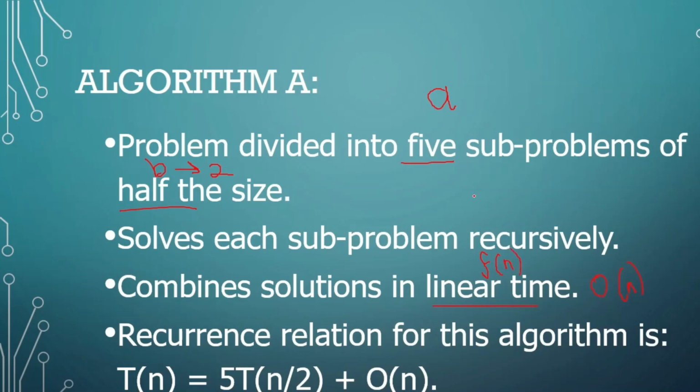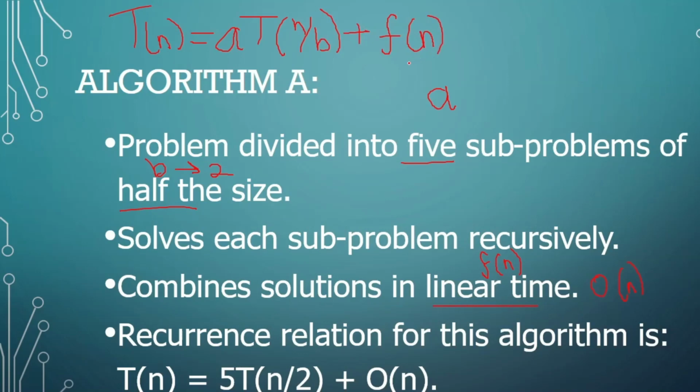Before we look at the deduced recurrence relation, let's just remind ourselves of the general form: aT(n/b) + f(n).